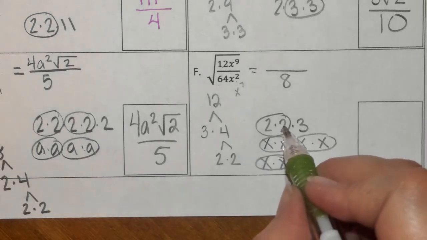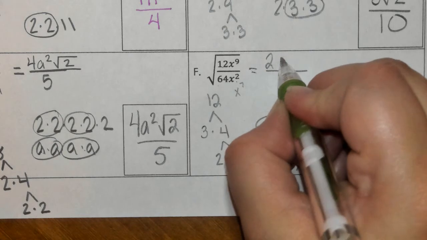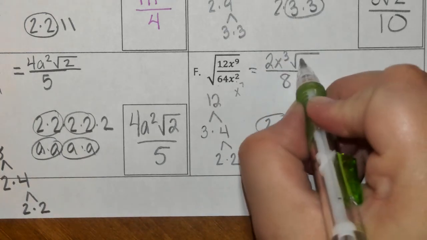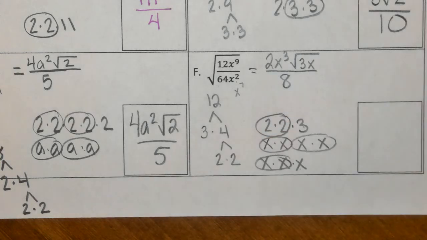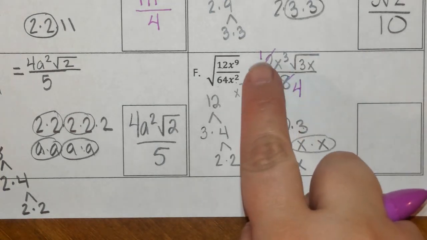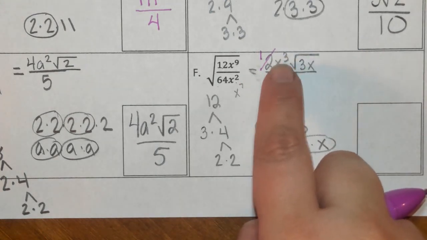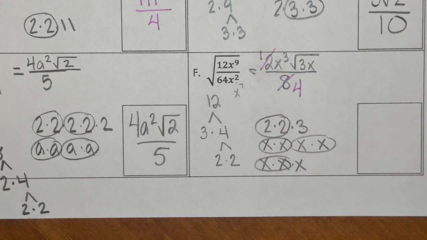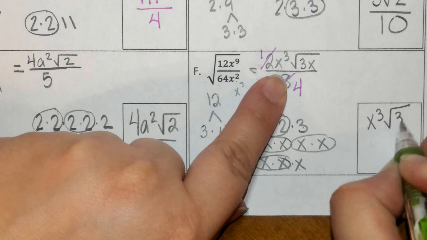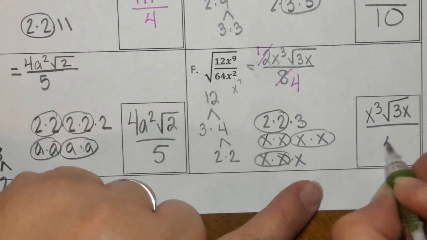Okay, so 2x to the 3rd with a leftover 3x. 2 8ths can reduce to be 1/4. But as I said, you wouldn't write that 1 in front of the x to the 3rd, it just looks silly. So I would say x to the 3rd square root 3x over 4.